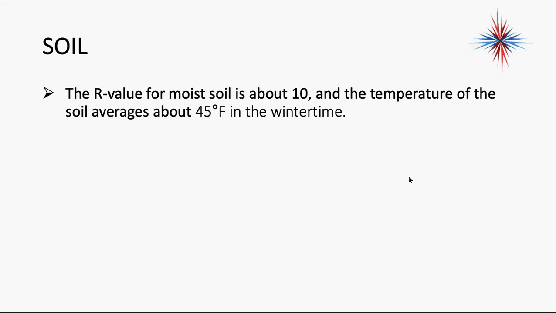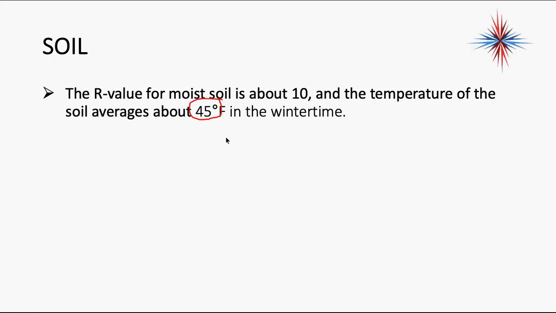The soil averages about 45 degrees in the wintertime. Next term, when we talk about geothermal heating, you'll understand why we worry about that. Outside of your basement walls, once you get a little under the frost line, you're going to be hitting the 45 to 50 to 60 range, depending on exactly where you're at in the time of the year.